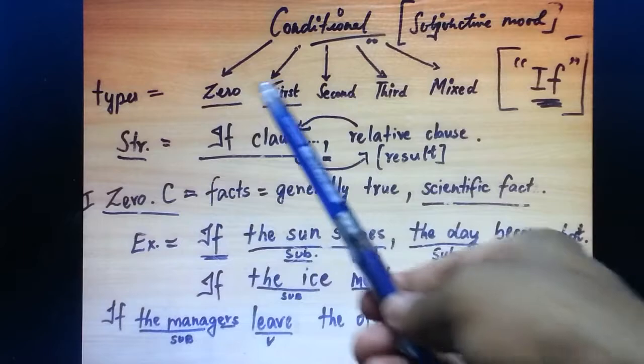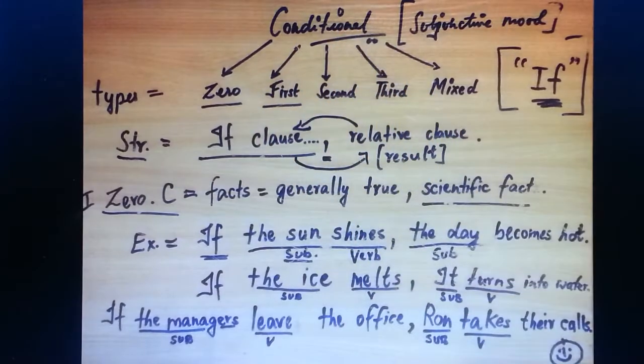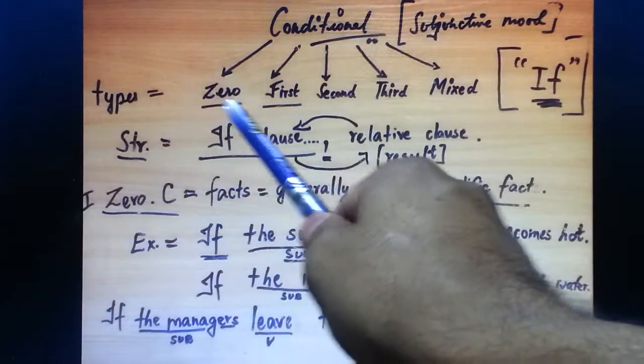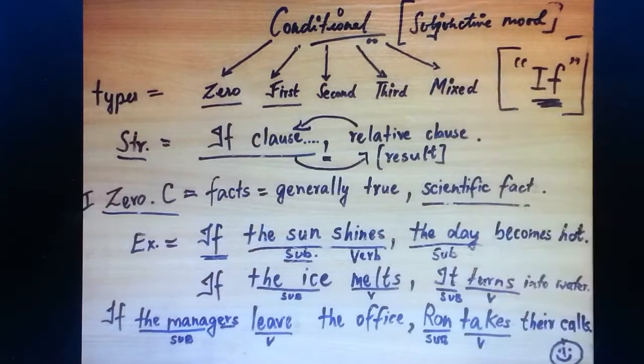Zero, first, second and third conditional are very important to understand, because without understanding these you cannot understand mixed. That's the rule. But today we are going to talk only about zero conditional.